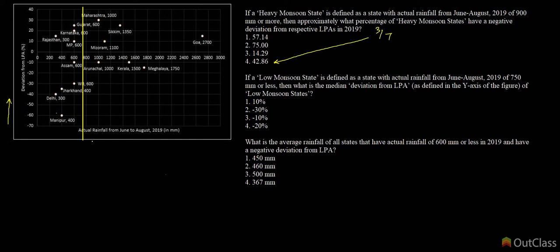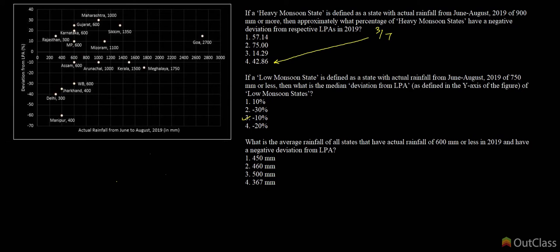So let's see how many there are. 1 2 3 4 5 6 7 8 9. So you have 9 items, so the median is going to be the fifth item. They're asking you what is the median value of the deviation from LPA, which is minus 10%. Minus 10% is your answer.